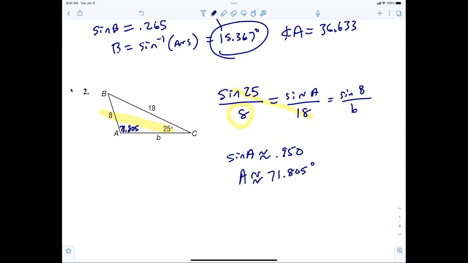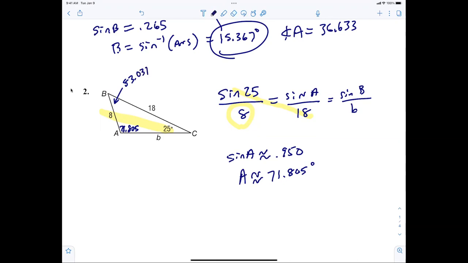How much? 83.031. 83 point what? 0.031. Sorry, 031.